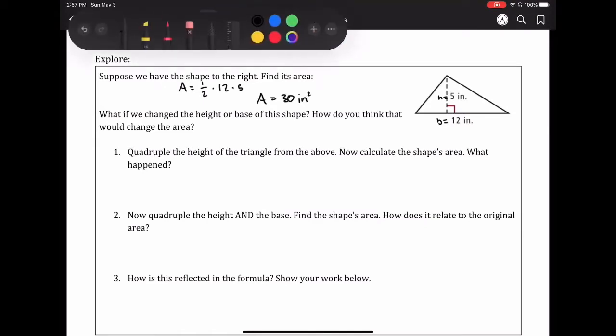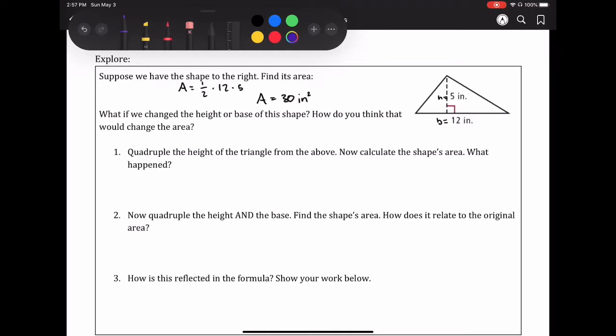Now it says, what if we changed the height or the base of the shape? How do you think that would change the area? If you're thinking about changing height or base, those are the dimensions. You can either change just the height, just the base, or you could change both of them.